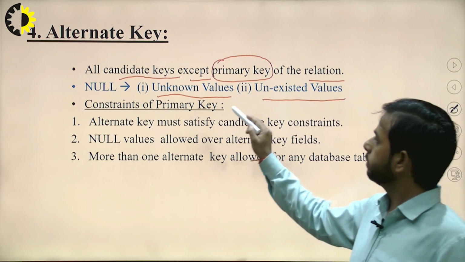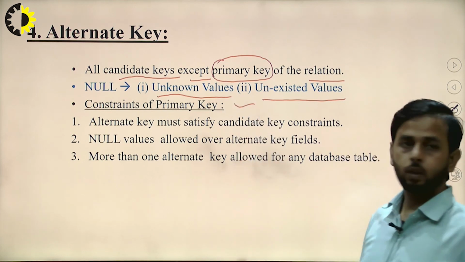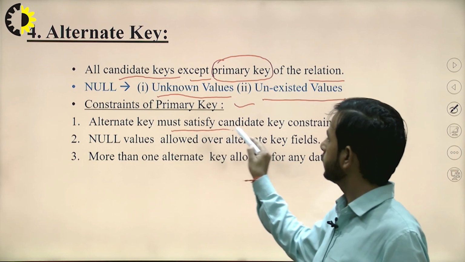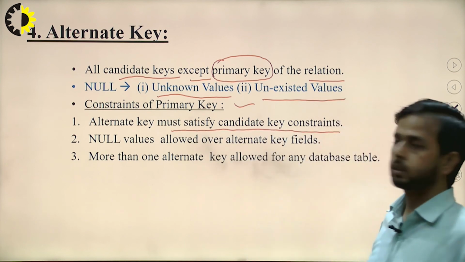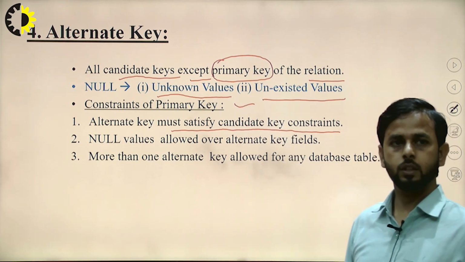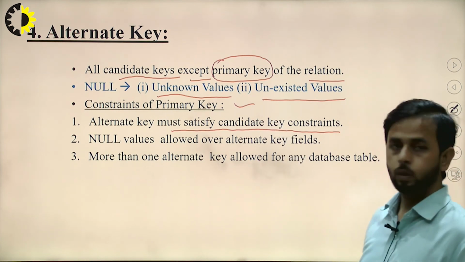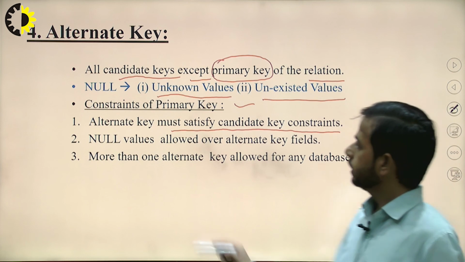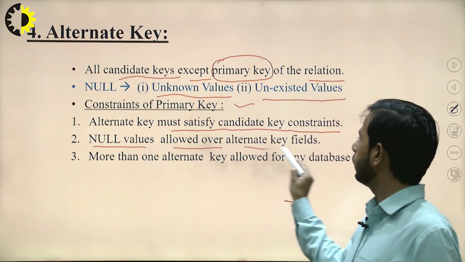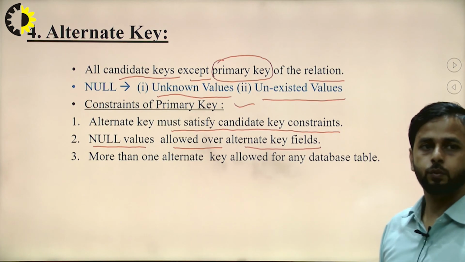Now the constraints of the alternate key. The alternate key must satisfy the candidate key constraint, so the constraints are the same as those of the primary key or candidate key. Next, null values are allowed over the alternate key field.